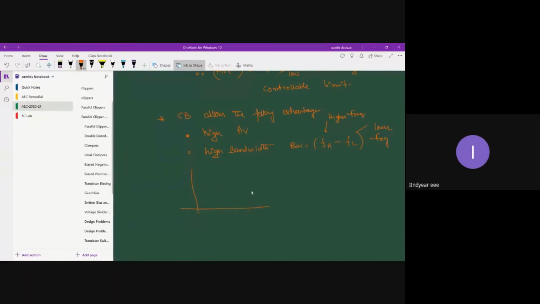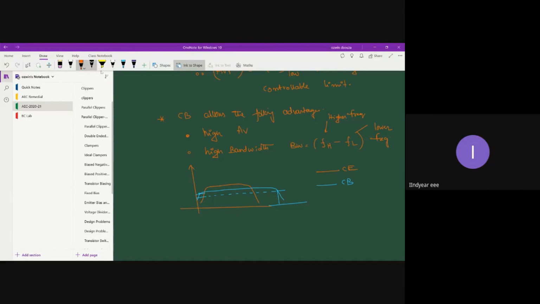If I were to compare, qualitatively, the bandwidth of the two amplifiers, CE and CB, your CE will have a narrower bandwidth. On the other hand, your CB will have a broader bandwidth. So this is your 3 dB level. Blue for CB and orange for CE.